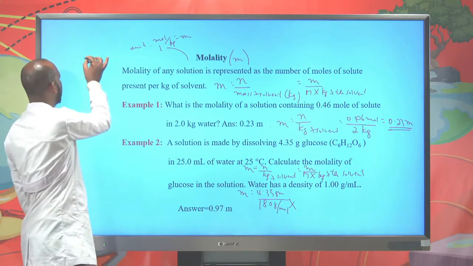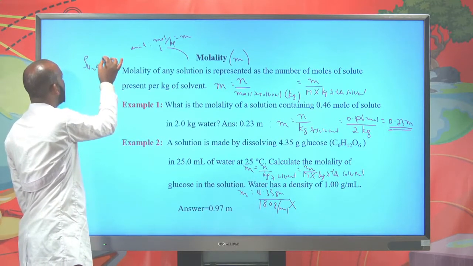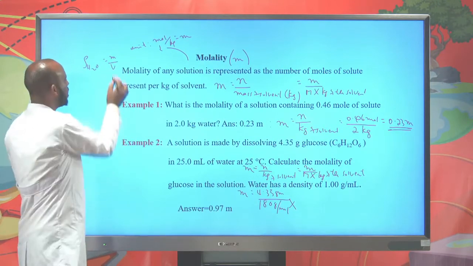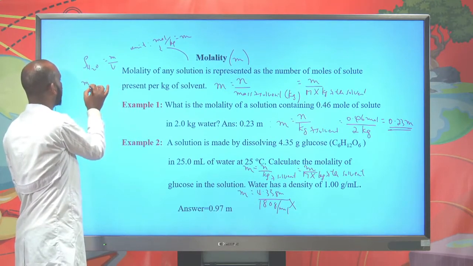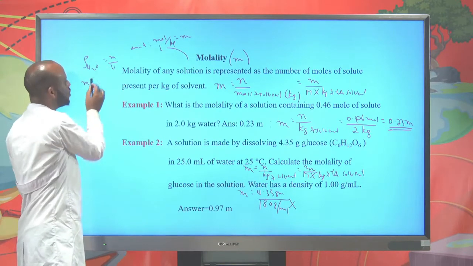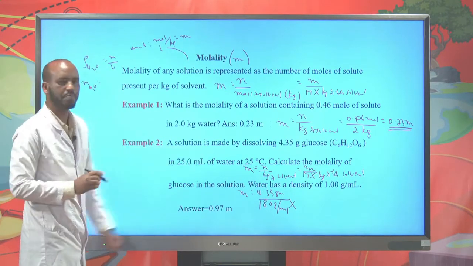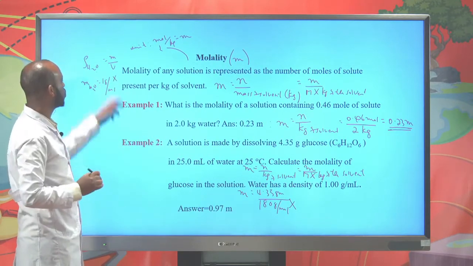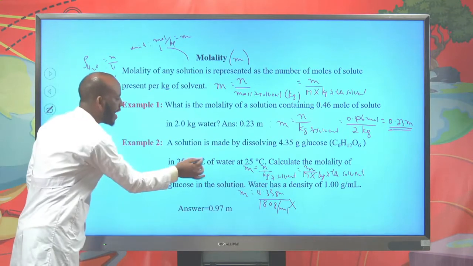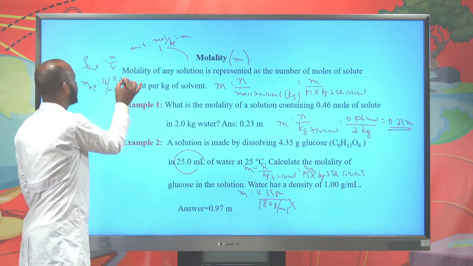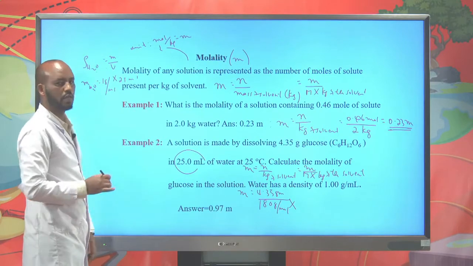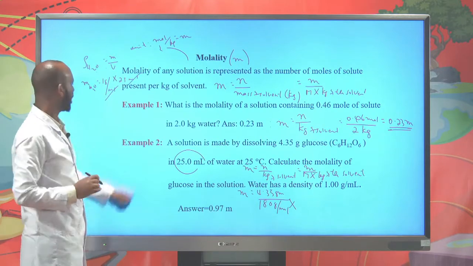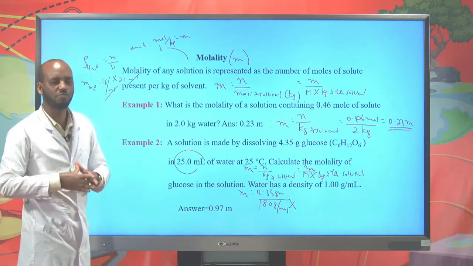Density by definition, density of water equals mass of water divided by volume of water. From this, mass of water, H2O, equals density of water, which is 1 gram per milliliter, times volume of water, 25 milliliter. The milliliter will cancel, and we are left with gram, which is the unit of mass.